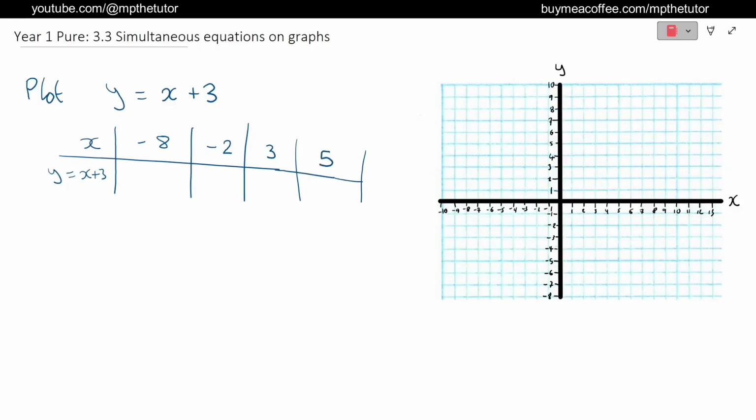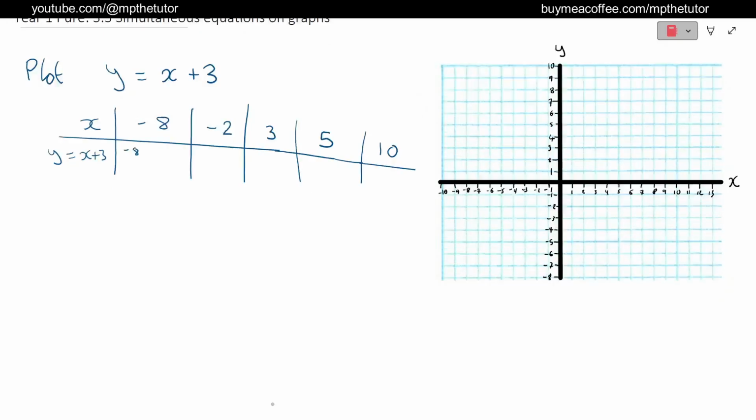It doesn't overly matter, as long as it fits within our axes. We may as well do 10 as well. Officially, we only really need 2 points to work out a straight line graph, but it's sometimes better to work out more. This is the equation y equals x plus 3.